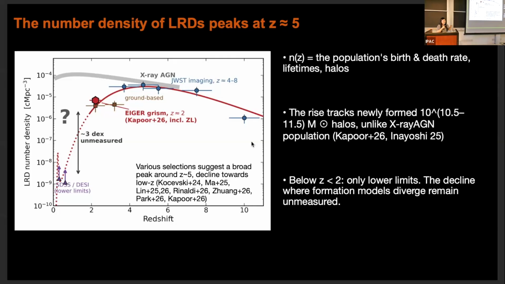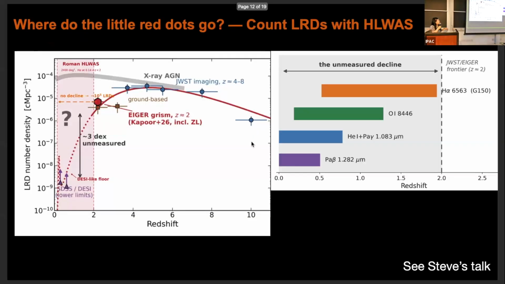From multiple independent selections, we have been seeing that the LRD number density rises and peaks at redshift around 5, which tracks the newly formed halos of 10^10.5 to 10^11.5 solar masses. However, below redshift 2, where the different models diverge, there is no measurement at this moment. So this would be the discovery space for Roman, and this is not a question for JWST anymore.